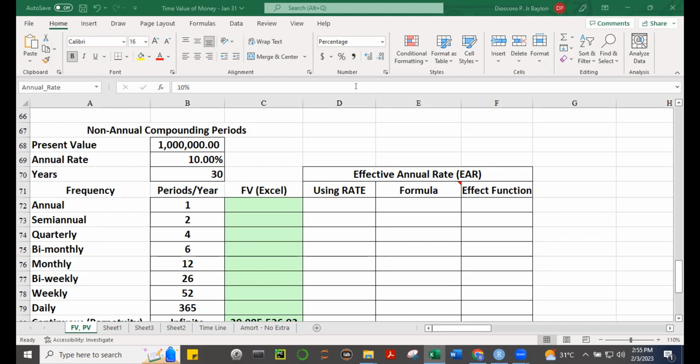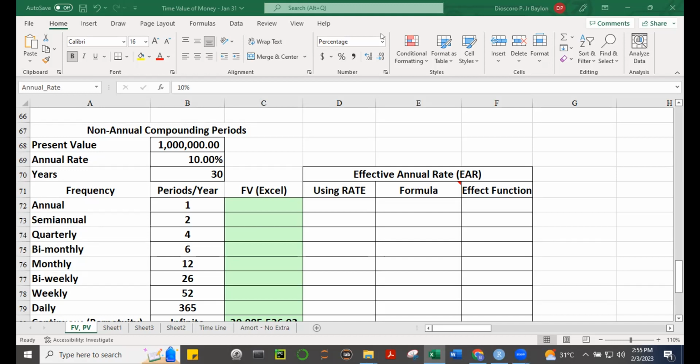Yes, 6 months. So 6 months before the interest is computed. Therefore, in 1 year, 2 times a year will the interest be computed, right? In other words, 2 times a year means 2 periods per year. There will be 2 periods of computation of interest.